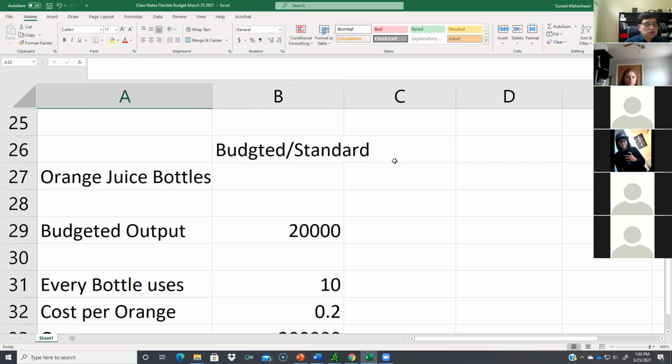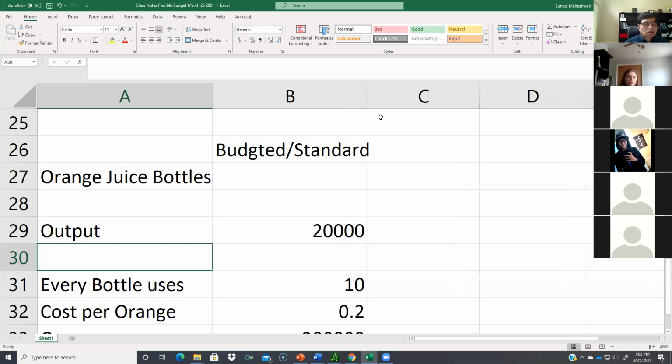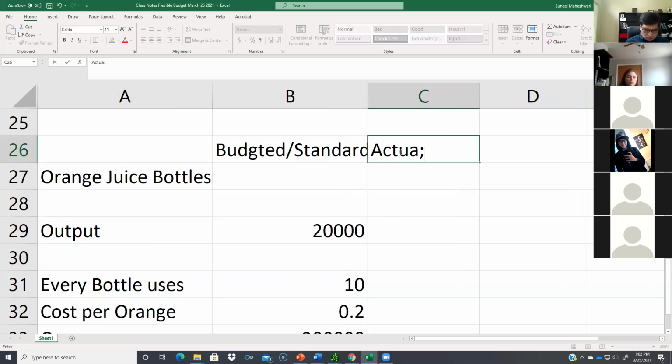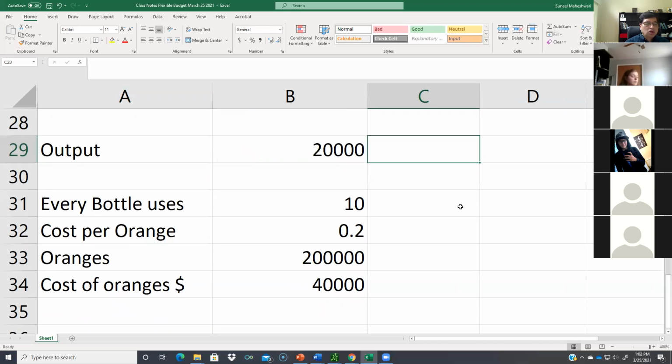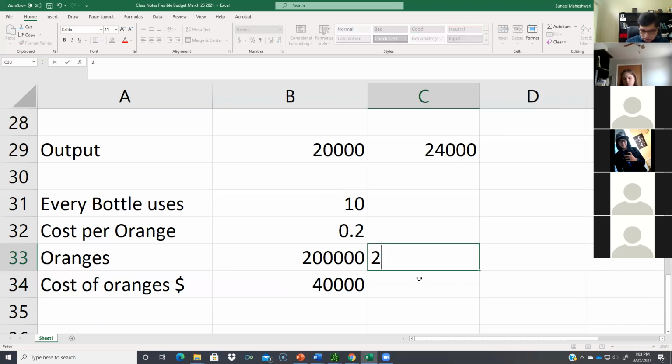Now, coming to the actual, you made 24,000 bottles, and then you ended up using 210,000 oranges at a total cost of $44,000.